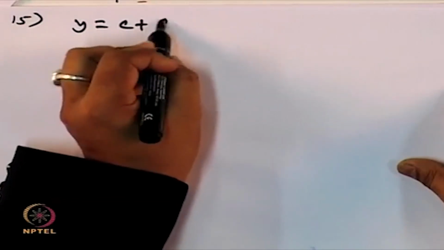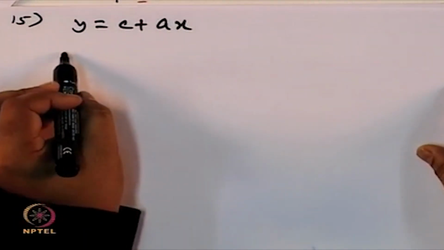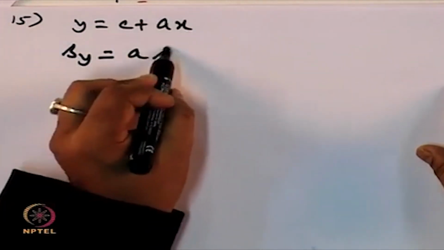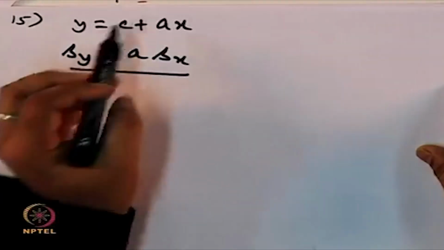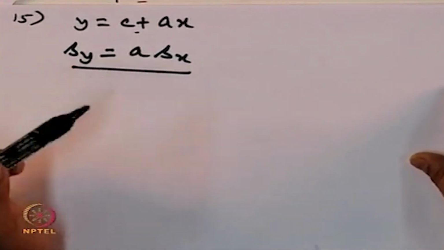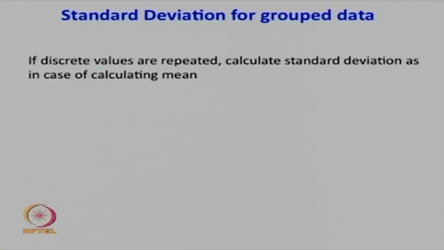In the most general case, when y is equal to c plus ax, by combining the previous concepts we arrive at sy equal to a sx, because the c does not come into play while computing the standard deviation. Now this can be extended to find the standard deviation for grouped data.